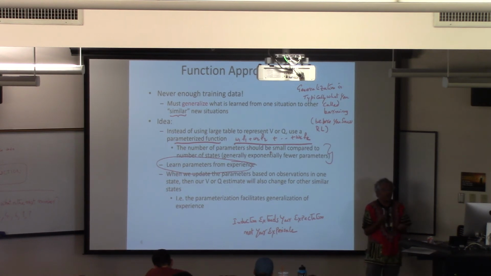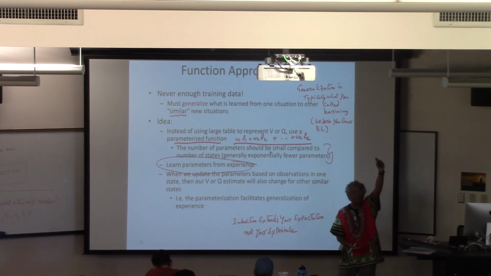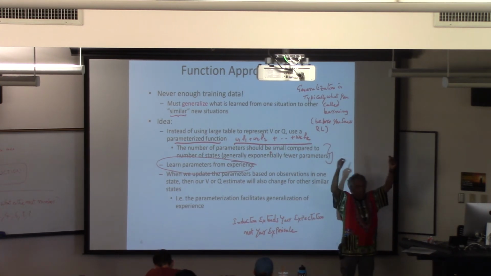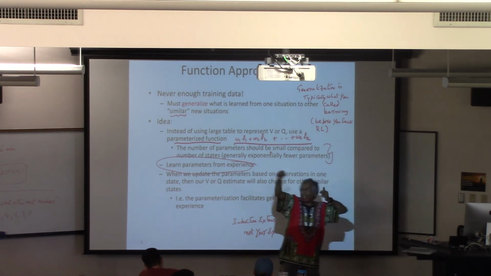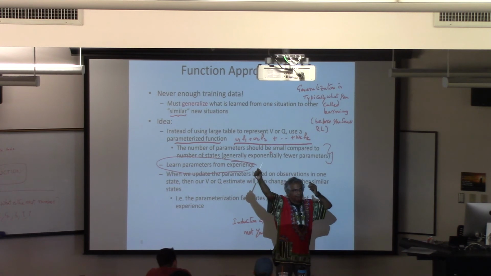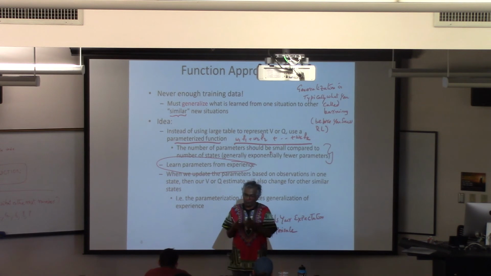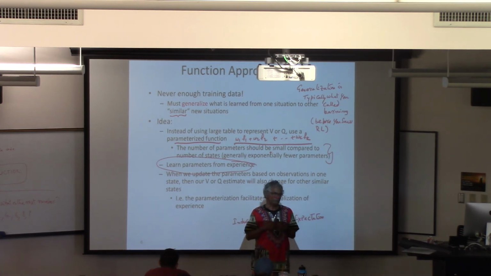So if the values of all these states are represented in a k-dimensional feature space, I'm trying to look for some sort of a hyperplane, some sort of a line that is going through all these points in this k-dimensional space, such that the line is, in some sense, the best line.